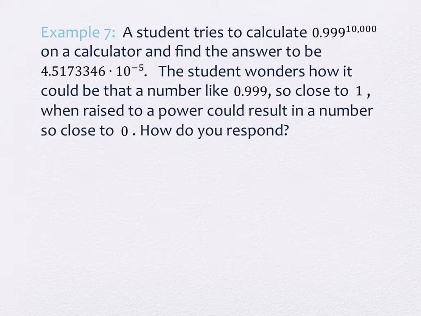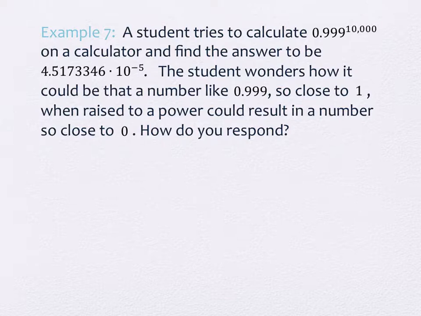And in scientific notation, from what we learned last time, this is telling you it's a small number, right? Very, very small. In particular, it's going to have 4 zeros after the decimal point and then the 451 next. This is a very small number. And so the student's confused. The student wonders how it could be that a number like 999 thousandths that's so close to 1, when raised to a power, can result in a number so close to 0.